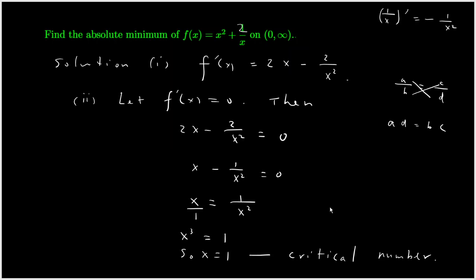We mentioned that before, right? But in this case, we have only one critical number. Now we are ready to form the table.